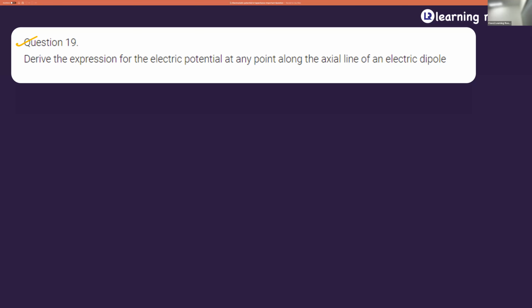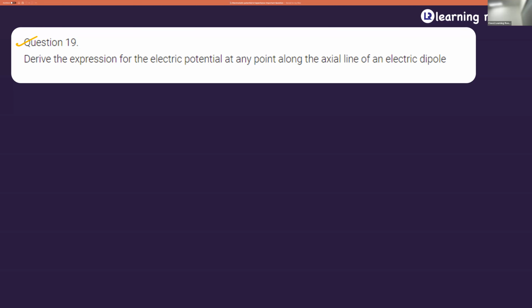When you did VA plus VB, one should be minus, no? If this is plus, you're calculating at this point, no? So for positive, it is R plus A. This distance is R plus A. This arrow mark should come till here. And this is R minus A.